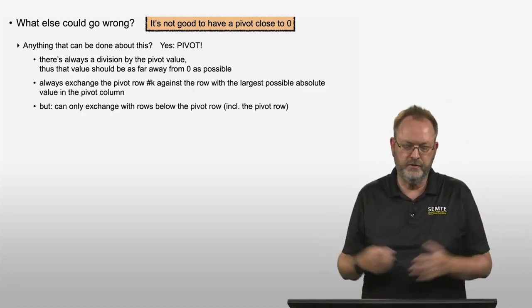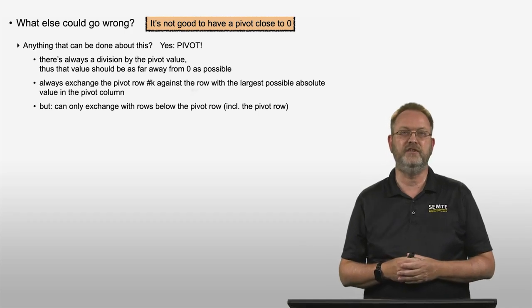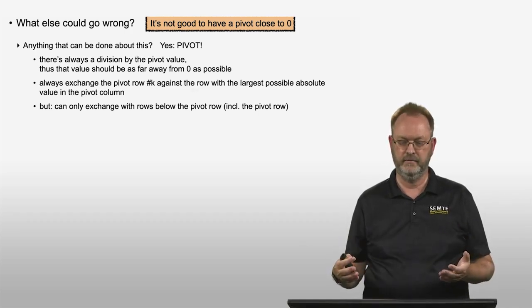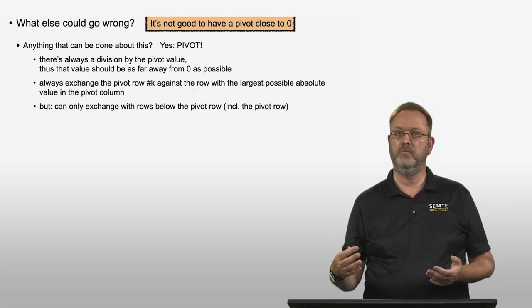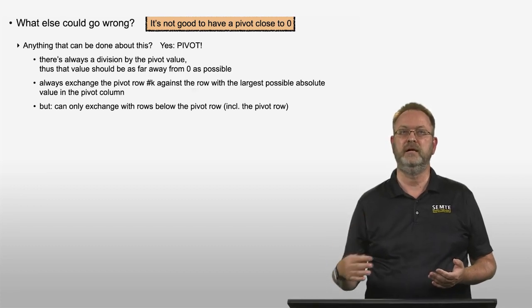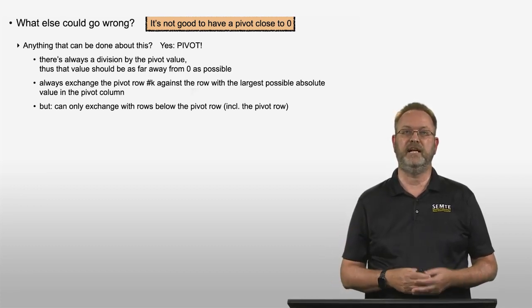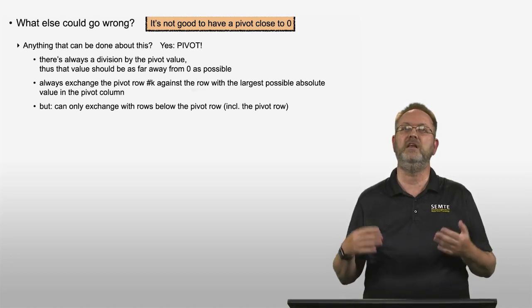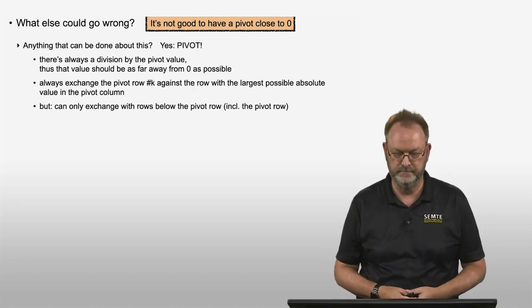So we're always going to exchange the pivot row number k against the row with the largest possible absolute value in the pivot column.